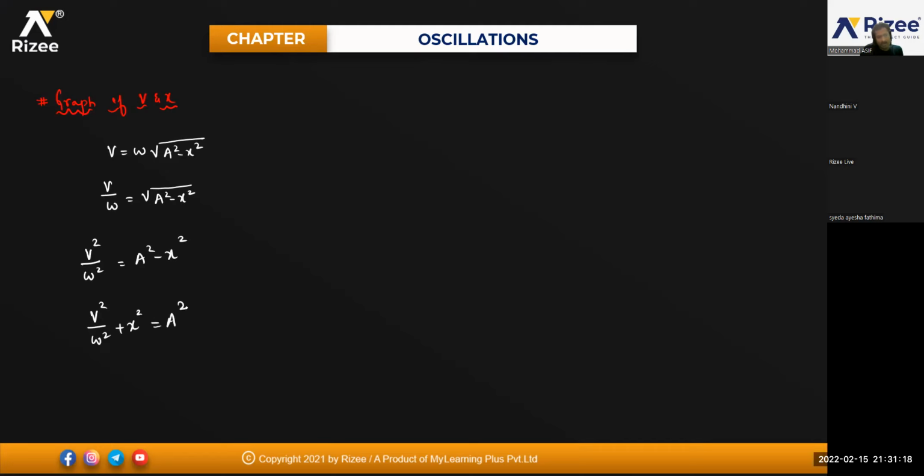That means I can write this as v square divided by a square omega square plus x square divided by a square equals 1. If a omega is greater than a, then we get a graph something like this, ellipse shape.